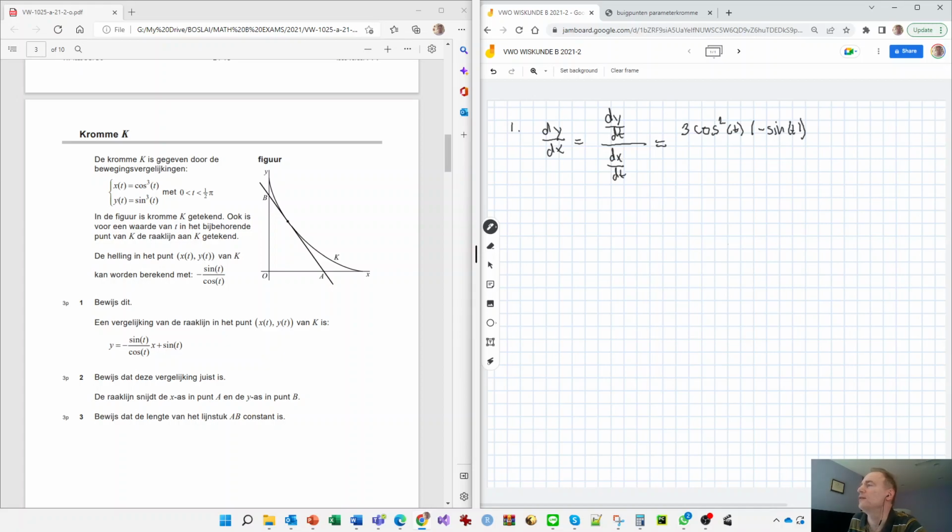That's easy to remember because the cosine decreases around 0, so that's how I remember this minus sign. And we divide it by the cosine cubed derivative, which we do similarly. You get 3 times sine squared t, and then times the derivative of the cosine.